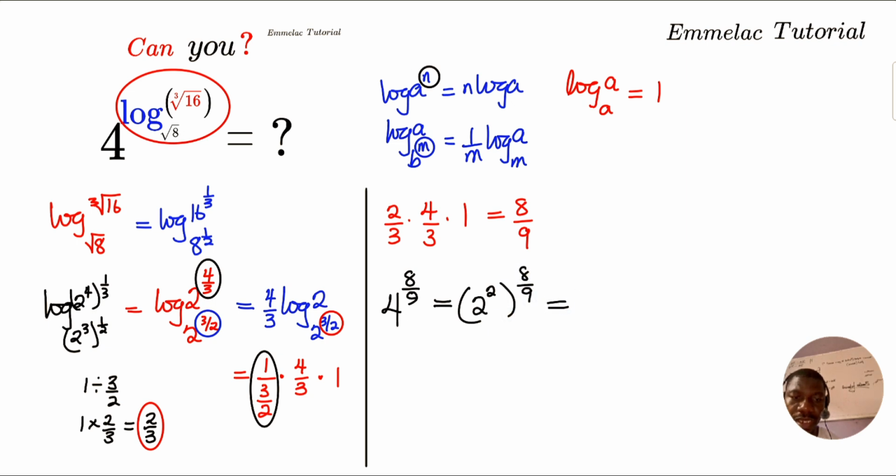Take note that this 2 multiplies this fraction, and that gives us 2 raised to 16 over 9. That is, if you have a multiplies b over c, this gives us ab over c. So this is the final answer.